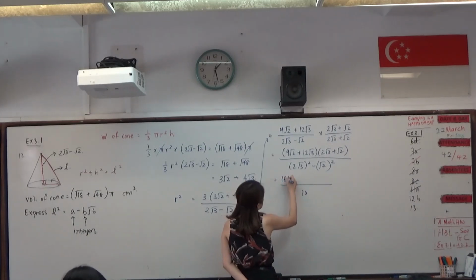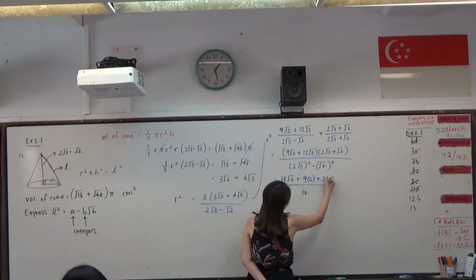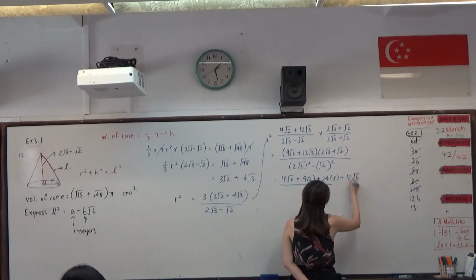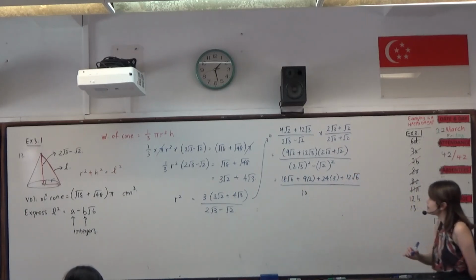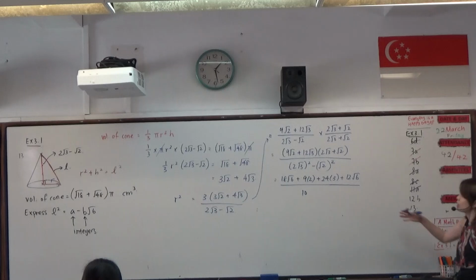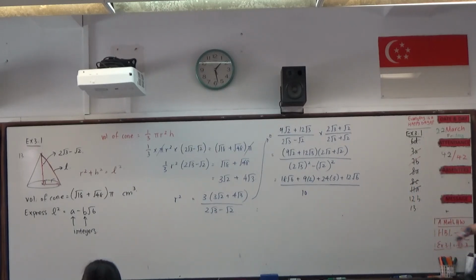This is 18 root 6 plus 9 times 2 plus 24 times 3 plus 12 times 6. Make sure that your fraction lines cover what's necessary. Don't cover halfway. You also know where to close halfway, right? So please make sure your fraction line is long enough, your square root sign is long enough.